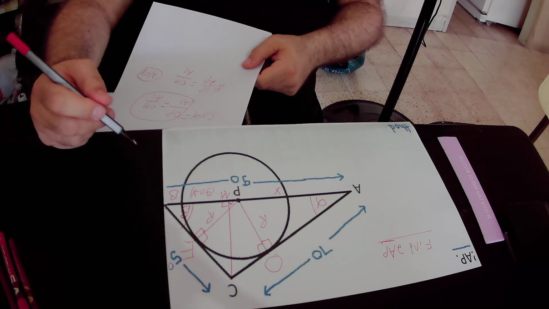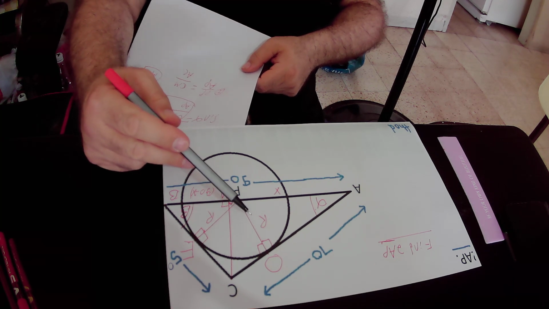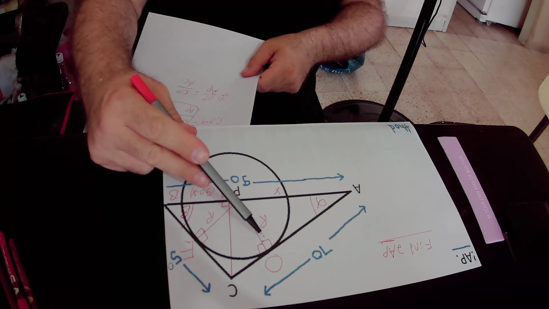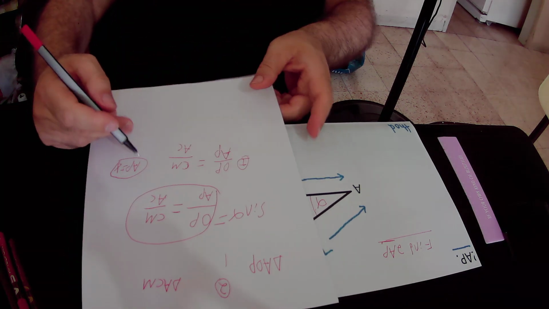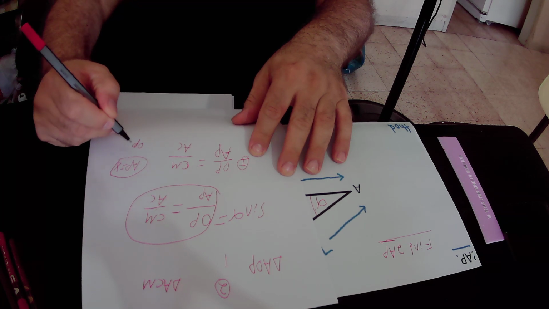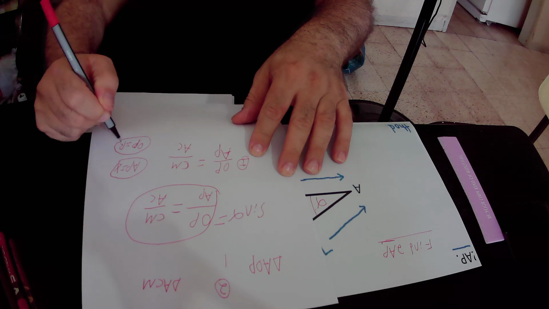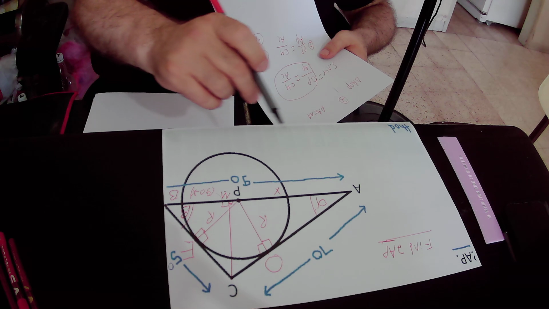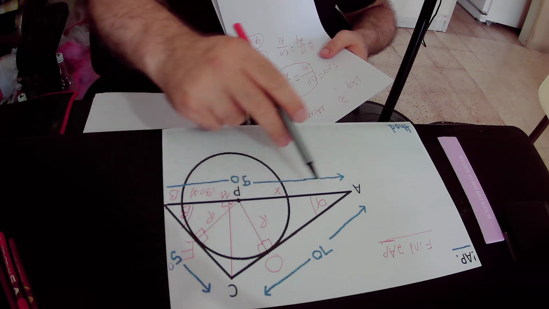and as I've already told you, PO or OP equals the radius of the circle, so OP actually equals R, the radius of the circle. And the side AC of the triangle ABC is given to us.